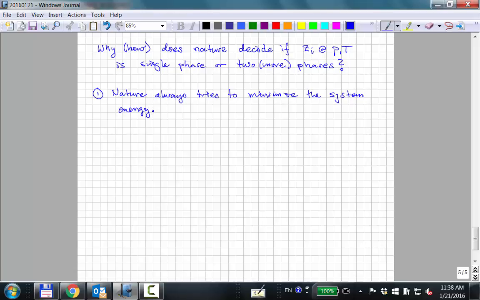Okay? And we've got these hundreds of components. We've got a total composition, a different distribution of all the components.